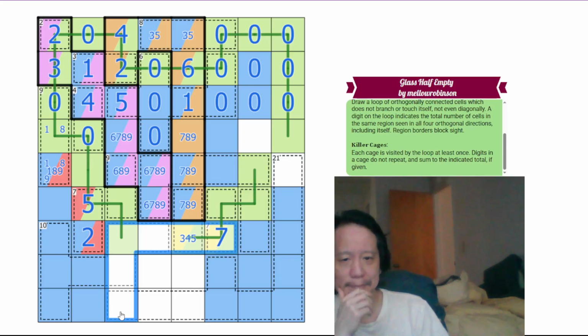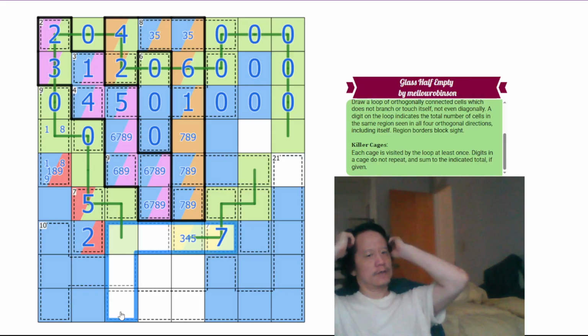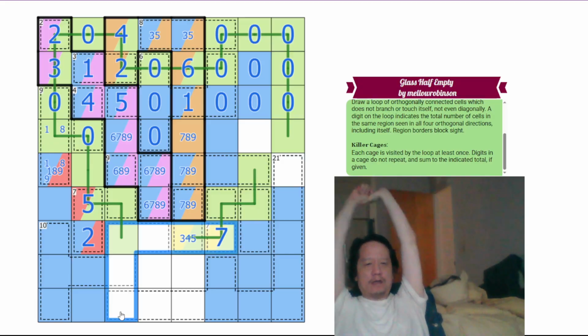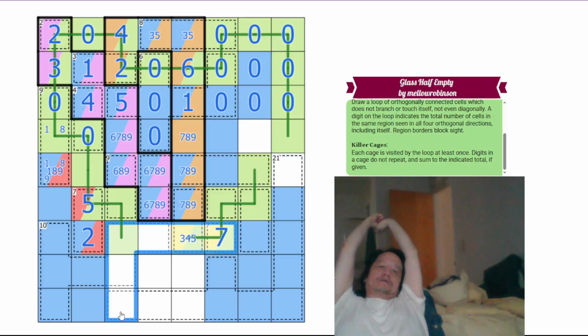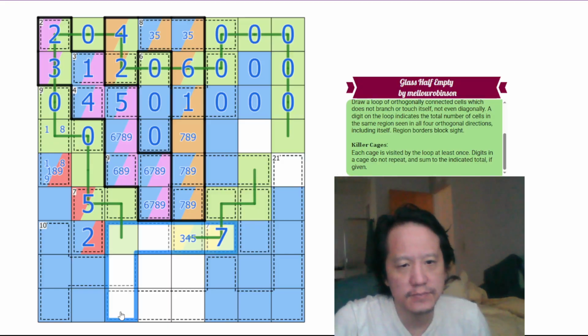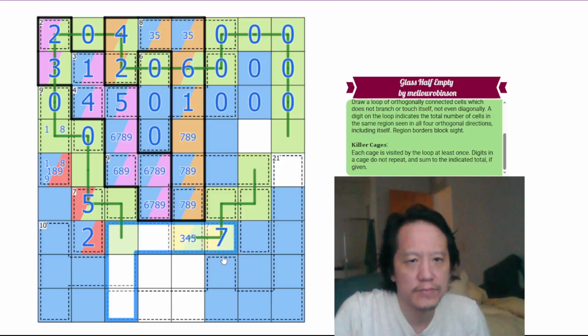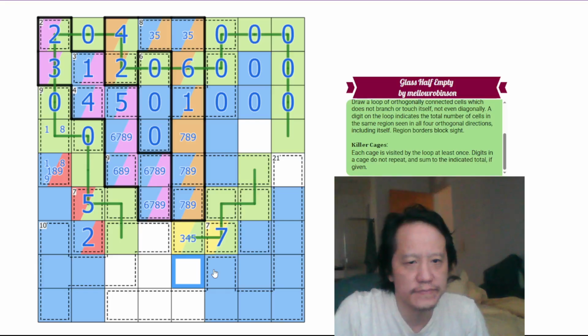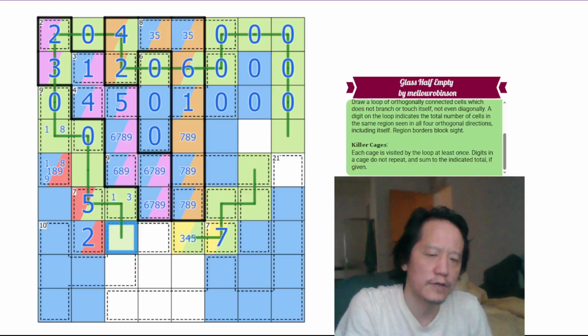Hmm. Okay. Interesting. So if yellow went this way, hmm. So this could be 1 or 3 here.